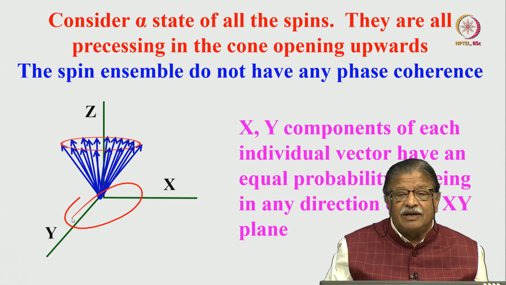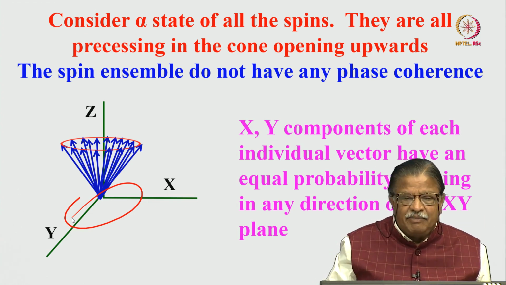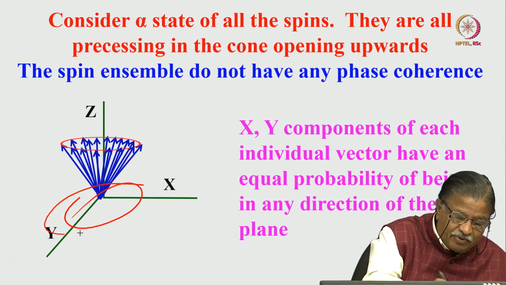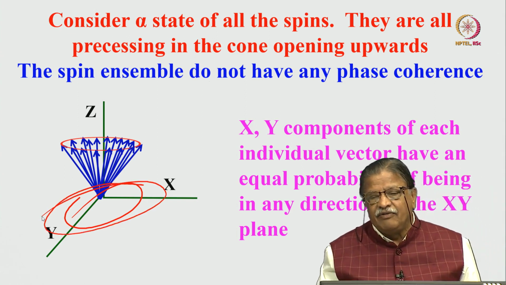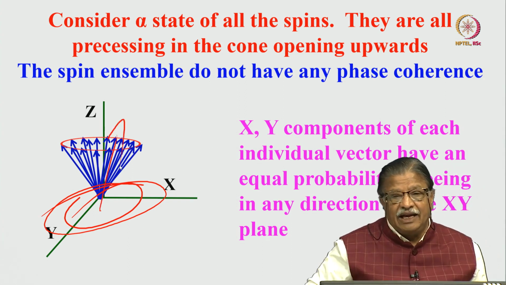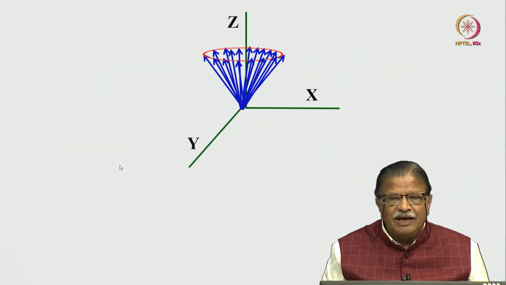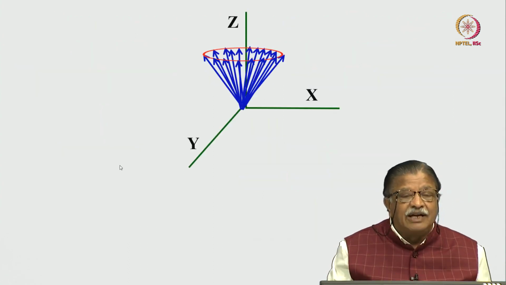This is because of the random phase approximation. We can make an approximation because of the random phase: all the components in the xy plane are averaged to 0. So we have only nuclear spins or magnetic moments aligned along the z direction. But now what is the vector addition of all the nuclear spins?